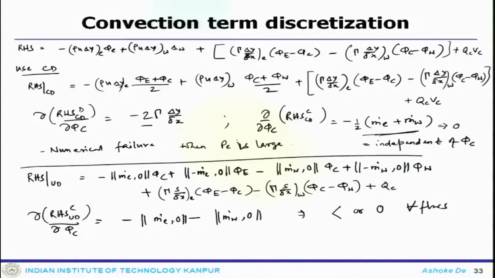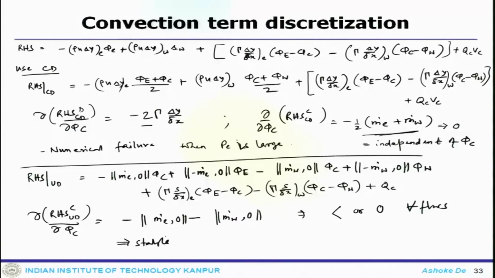It will be 0 when both mass flow rates are negative, a situation that does not arise in a one dimensional situation of constant area cross section. But when added to the false diffusion induced by the first order approximation, it indicates that the scheme is very stable. So, that suggests that there is stability.